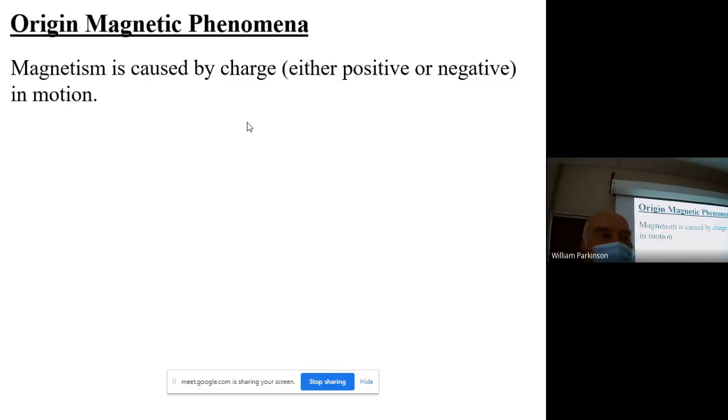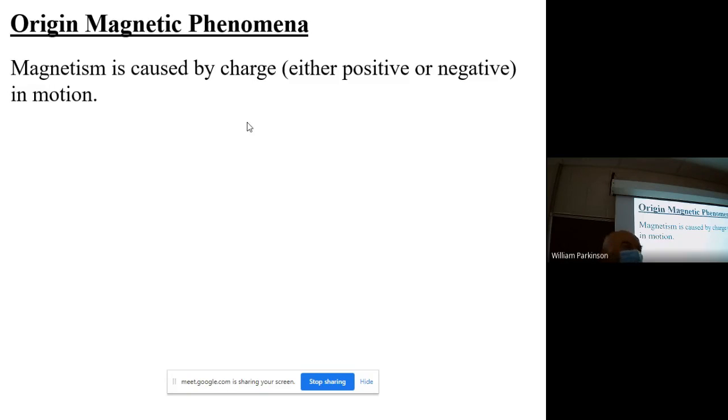Now, if the plus and minus are not moving, then you still have attraction, because plus attracts minus and plus repels plus. So stationary charge causes force. We call that, and this is why they use the word, folks, electrostatic. When it's electrostatic, that means you have charge that's not moving.